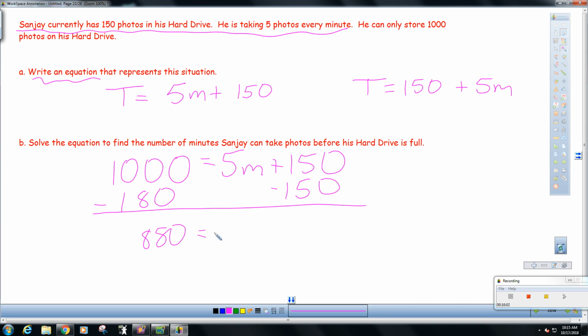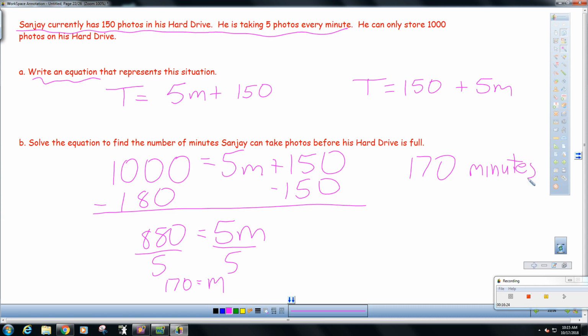Divide both sides by 5, and you get M is 170 minutes. Make sure you answer the question. Don't put it in hours if it doesn't say. Just leave it in minutes.